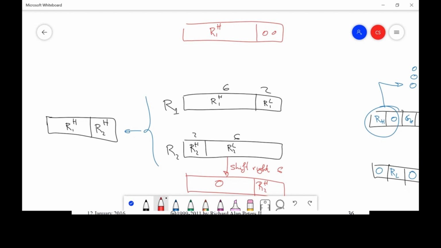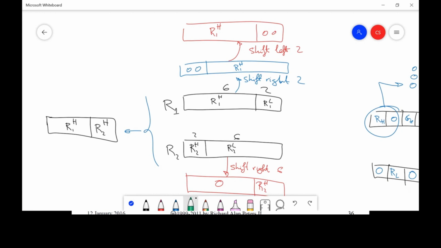So first, I do shift right 2, and then I will have this one. We have 0, 0, and then R1 high. And then I use shift left 2, and then you have that. You agree? A bit level operation.